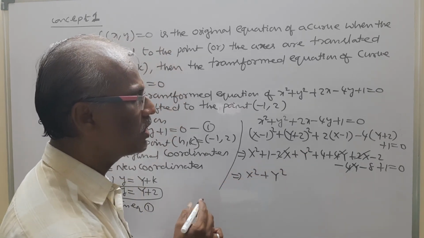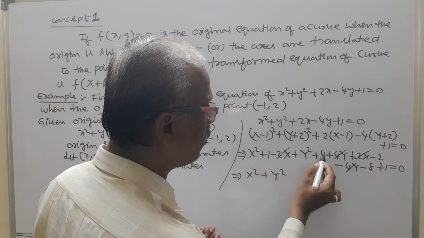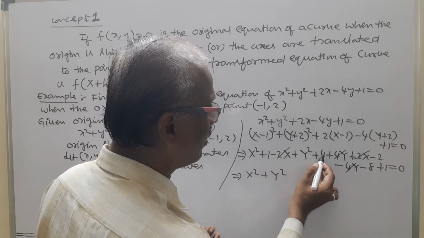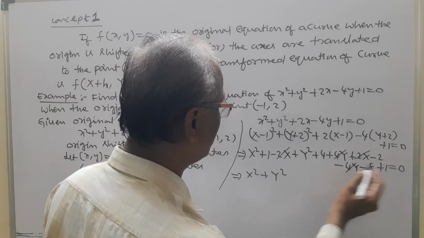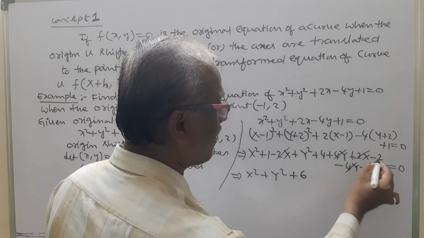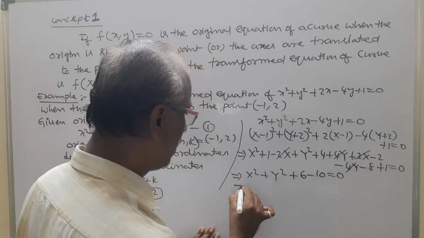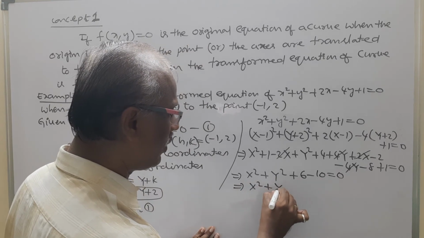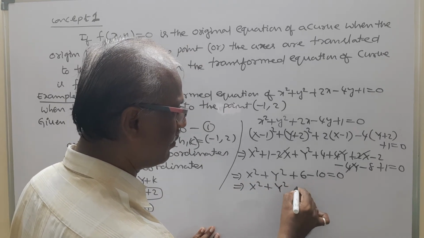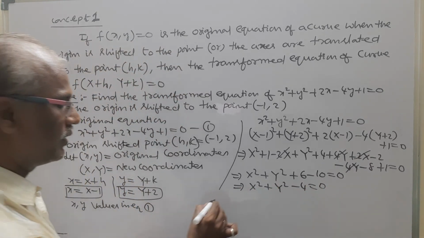Next constant terms. First add the plus terms: 1 plus 4, 5, 5 plus 1, 6. Minus 2 minus 8, minus 10. X square plus y square, 6 minus 10, minus 4 equal to 0. This is the transformed equation.